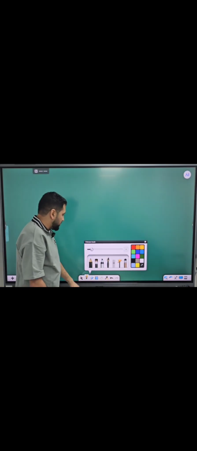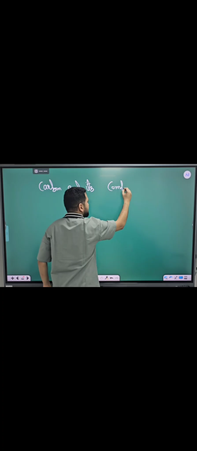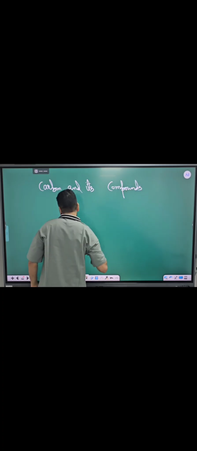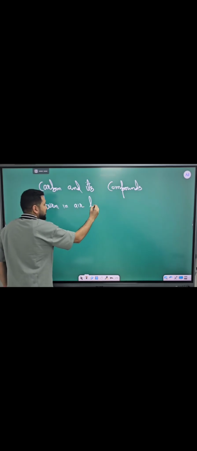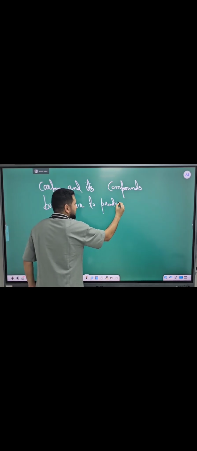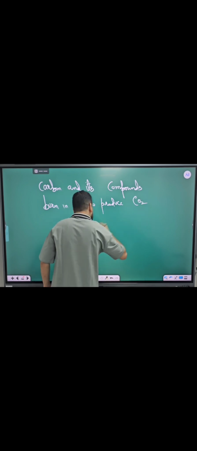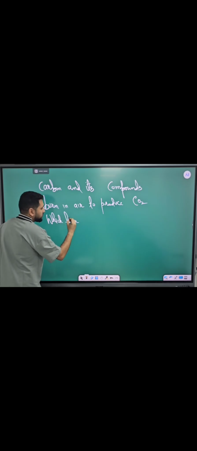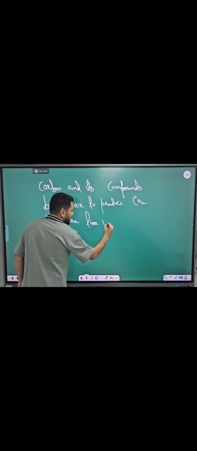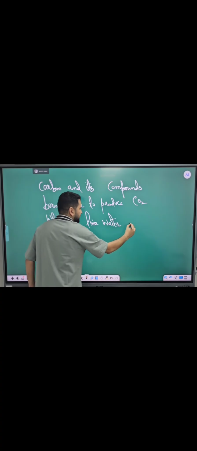Now we can conclude one simple statement in order to test the presence of carbon. Carbon and its compounds burn in air to produce CO2, which turns lime water milky.